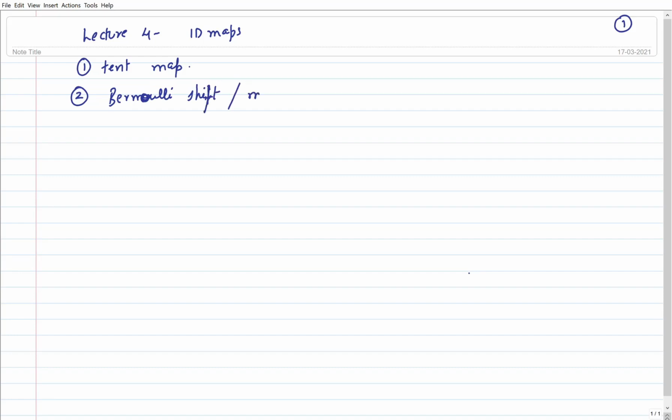So we'll be looking at the tent map, and a very closely related dynamical system, the Bernoulli shift, or the map on a circle.